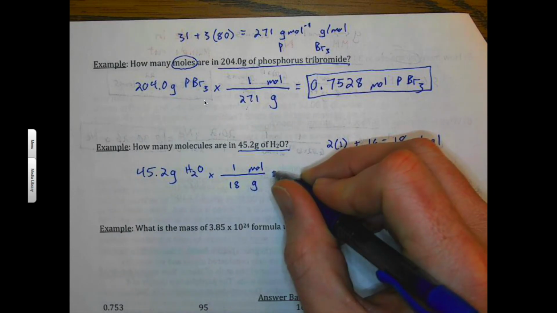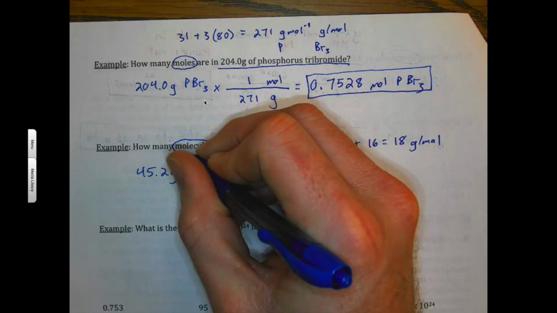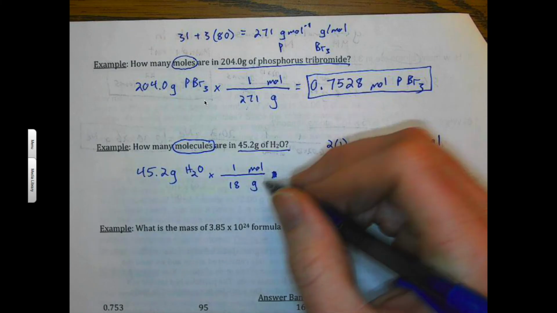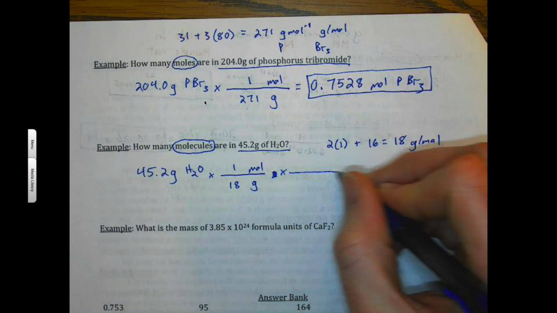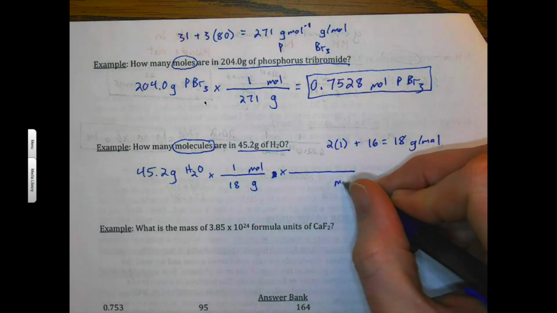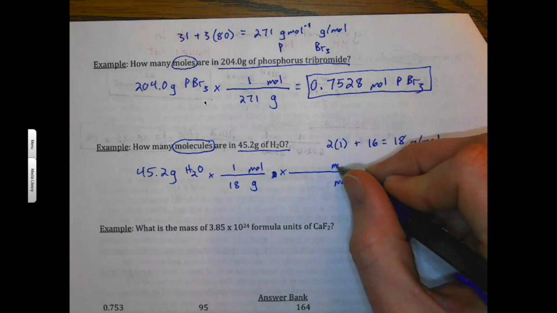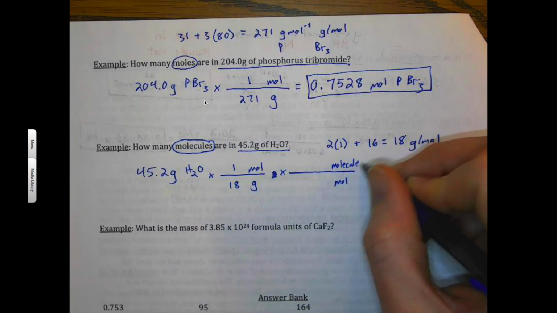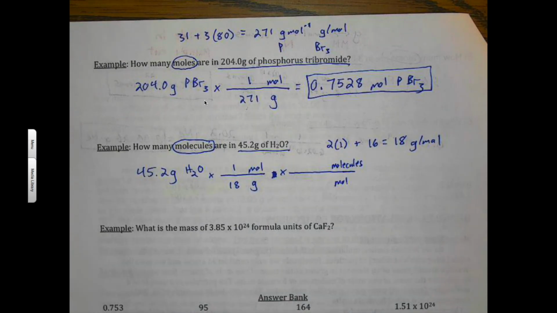Oh, gosh darn it, we need to find molecules, don't we? Okay, so we need to go ahead and go one more step. We need to convert moles into molecules. Now, molecules is the same as atoms, right? Remember, atoms doesn't exactly matter. Avogadro's number is just a grouping of whatever particular thing.